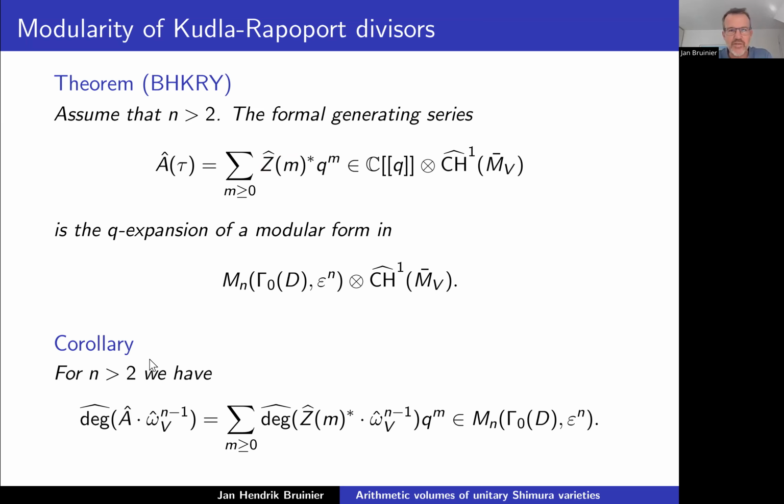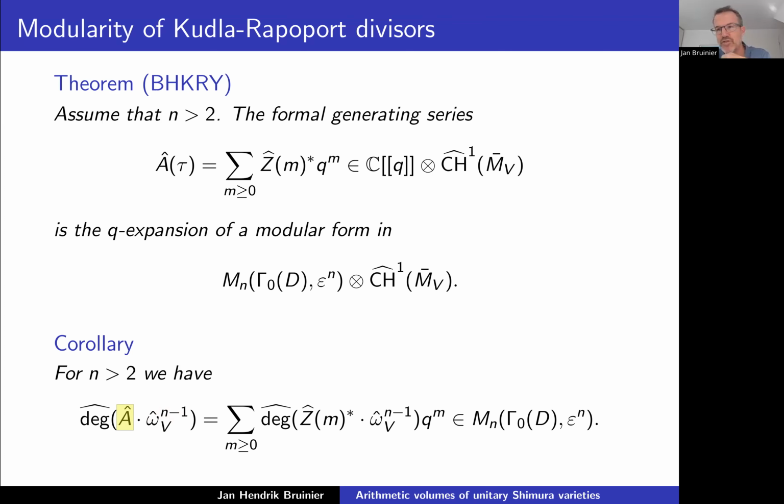So what we can do is pair with the n-1th power of the metrized Hodge bundle. So we take the self-intersection n-1 times of this Hermitian line bundle. This gives a class in the Chow group in degree n-1. We can pair it with this generating series.